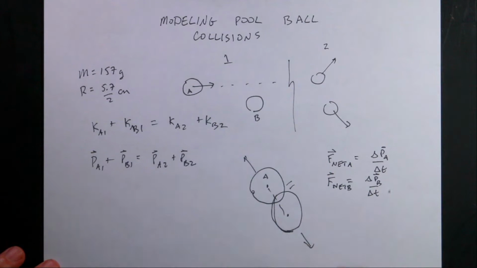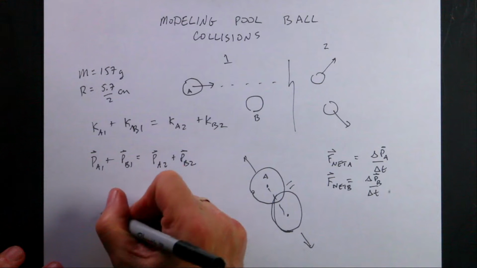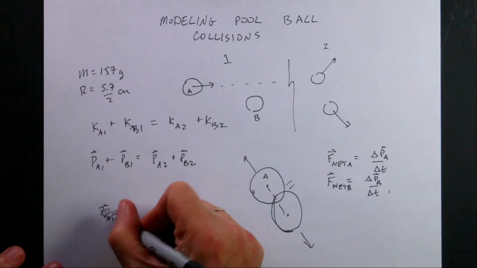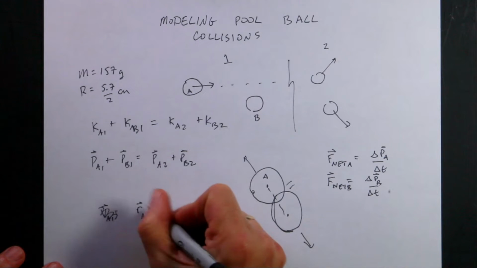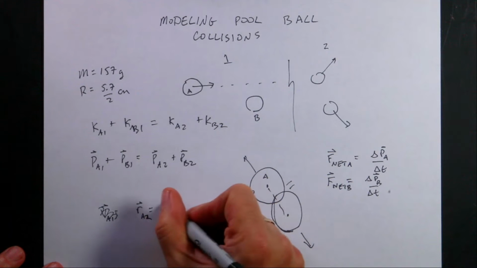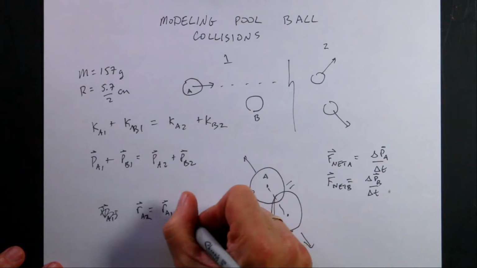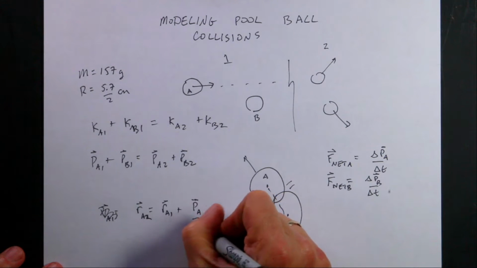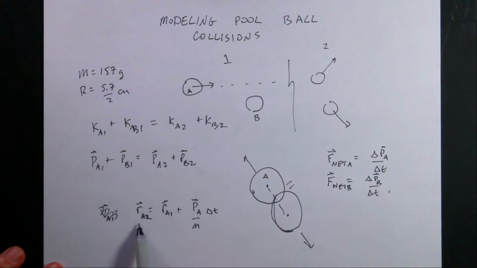If I break this into small time intervals, then during each interval I can update the position of the ball with this: RA2 vector equals RA1 plus PA over M delta T. This is just the definition of average velocity, but it says that if I know the position and the momentum, I can find the new position.